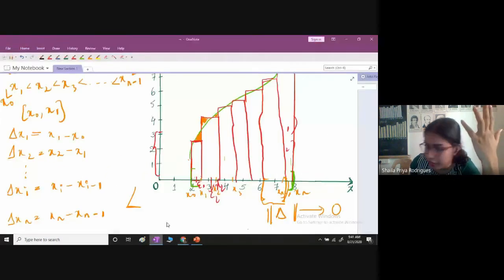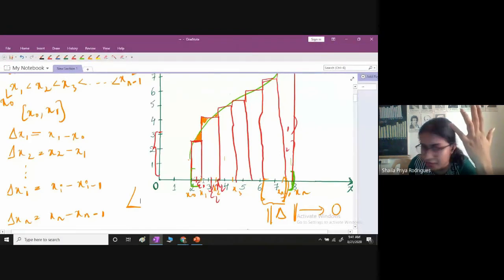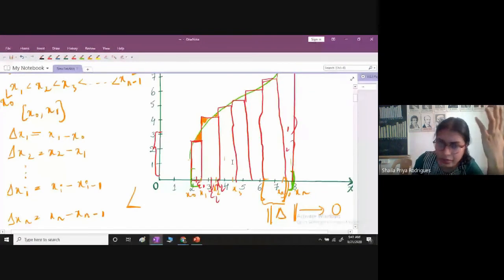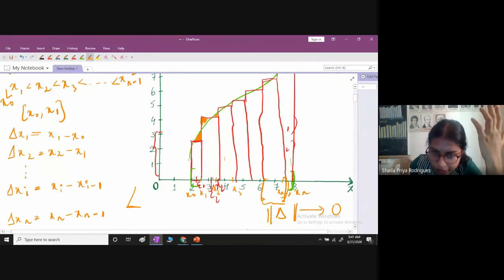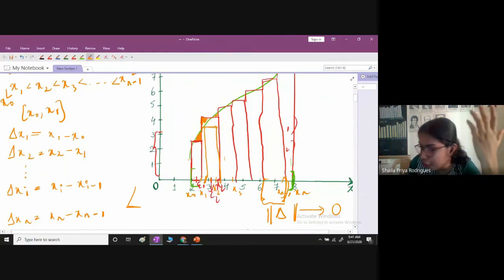Here, we randomly chose xi i. For this rectangle, instead of xi 2, which is over here, I could have chosen it over here and then drawn this rectangle over here. If this was f of xi 2, I can choose any such xi.